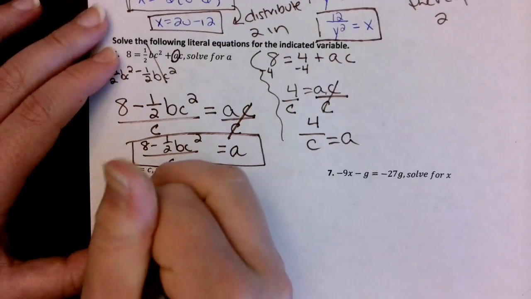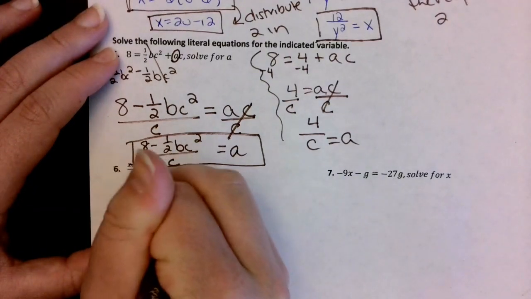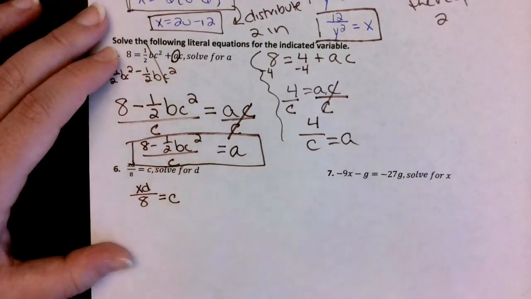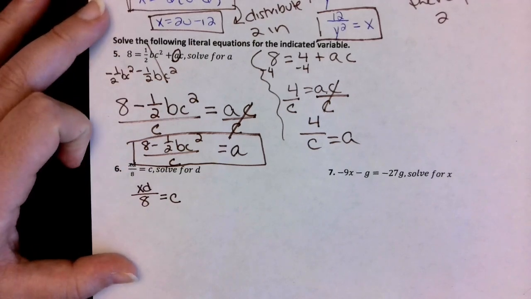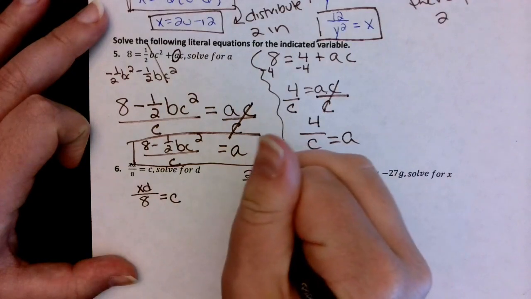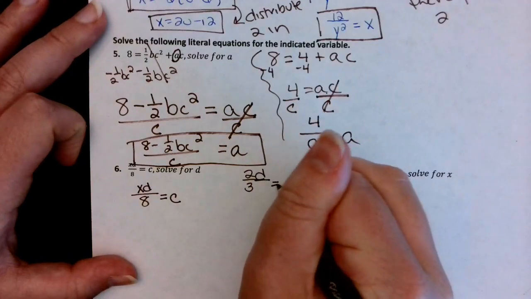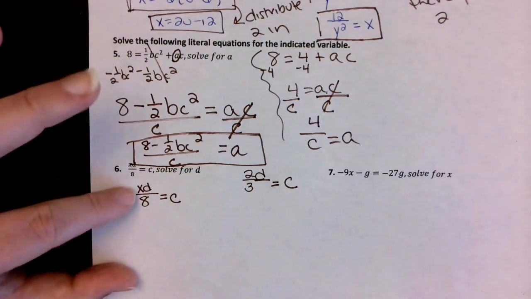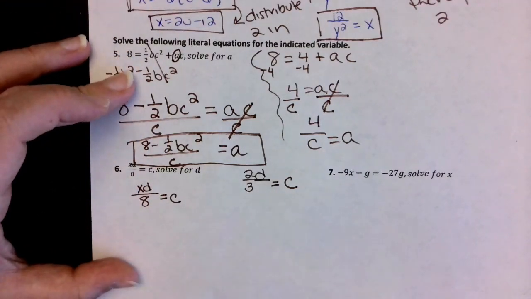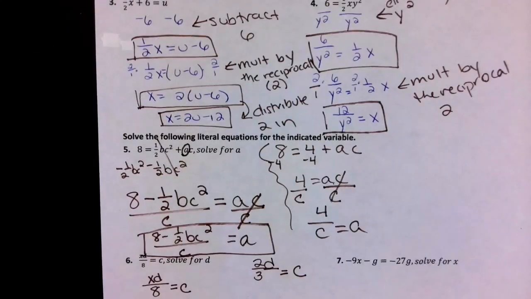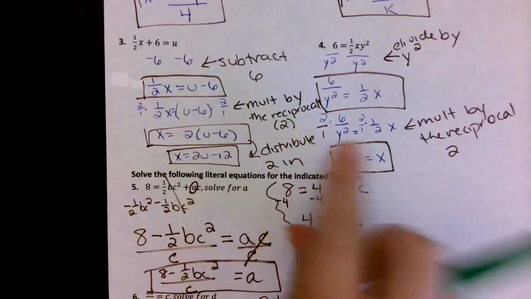Alright, so I just crossed off the number 6, so let me rewrite it here. And I need to solve for d. So I want to get d by itself. If this said 2/3 d equals c, since I have a times 2 and a divide by 3, the way you know how to solve these equations is just like up here, number 3 and 4, multiplying by the reciprocal.